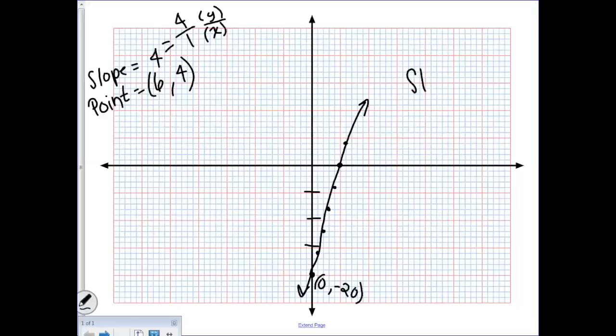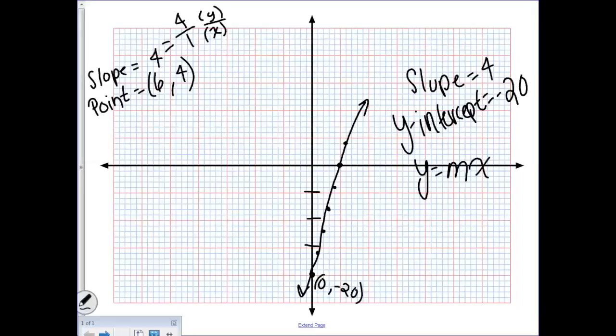Yes, I have my slope. Whoops. I have my slope, which is what? 4. And what was my y-intercept that I just found? So can I create my equation?